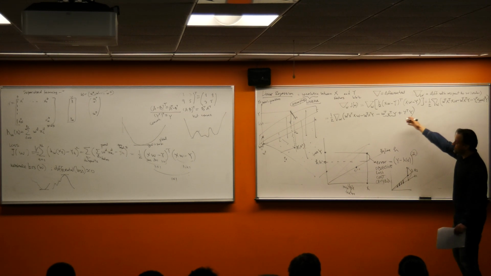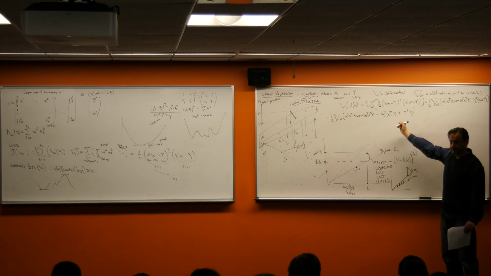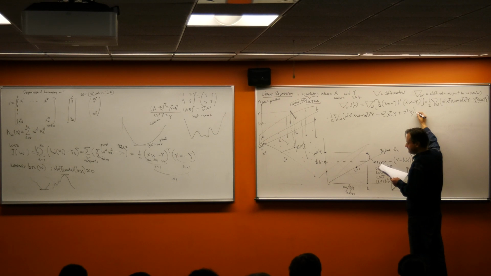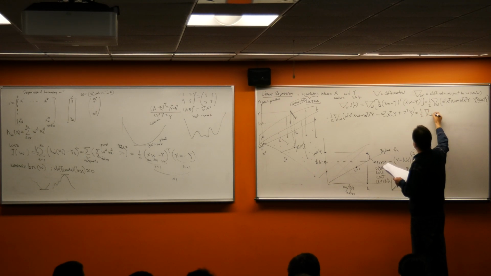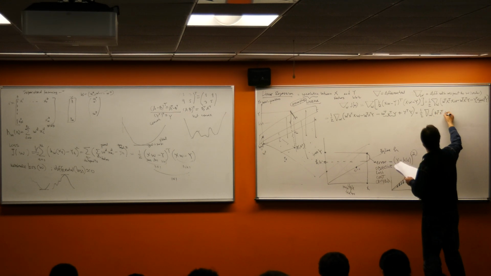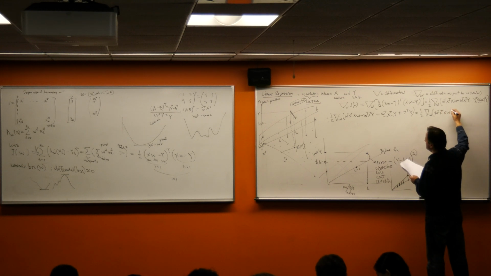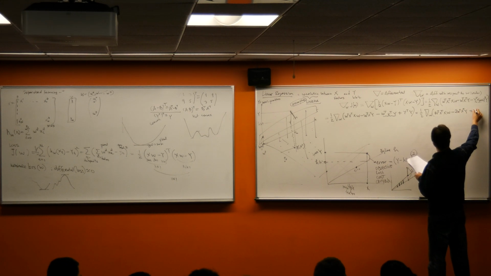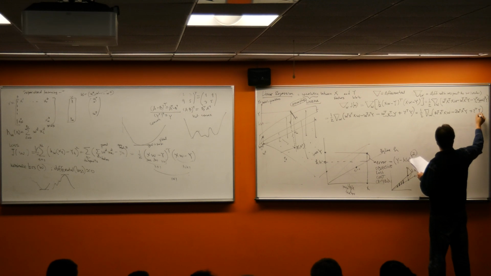So when you transpose it, you get the same thing. Okay, let me keep going. That is, of course, W transpose X transpose X W minus 2 W transpose X transpose Y plus Y transpose Y.